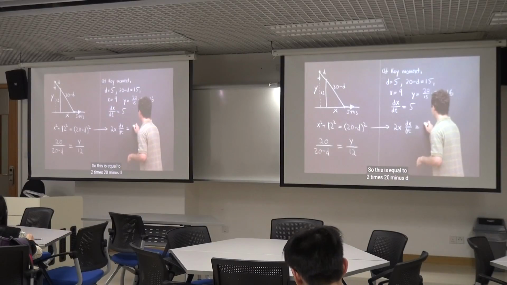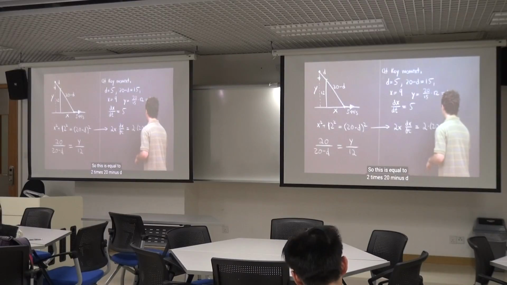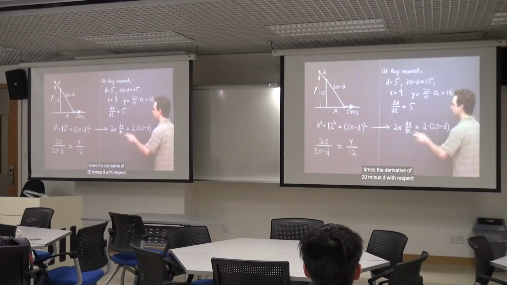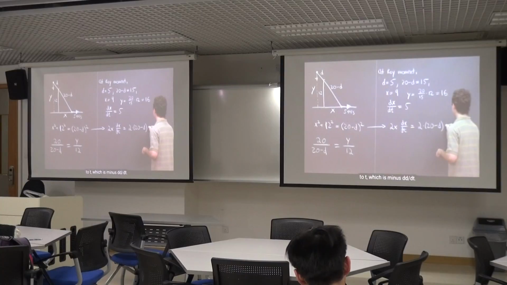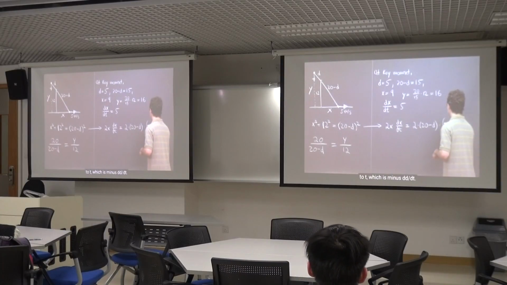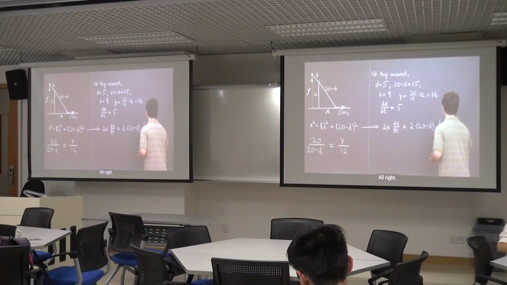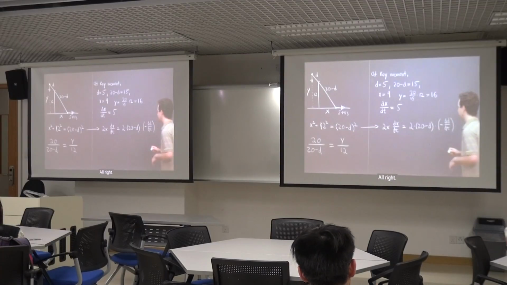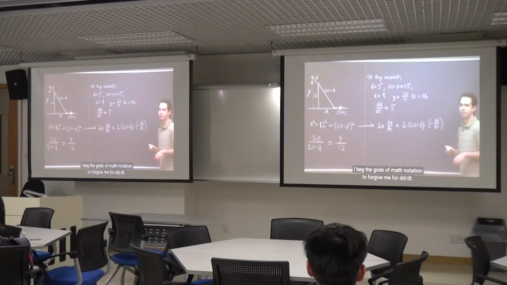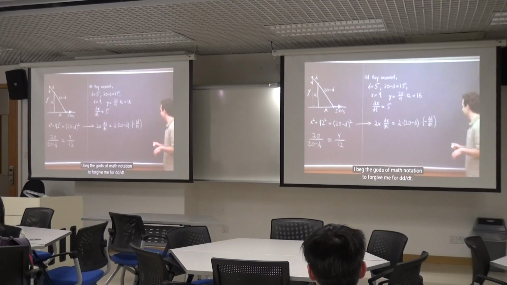So this is equal to 2 times (20 minus d) times the derivative of 20 minus d with respect to t, which is minus dd/dt. I beg the gods of math notation to forgive me for dd/dt.